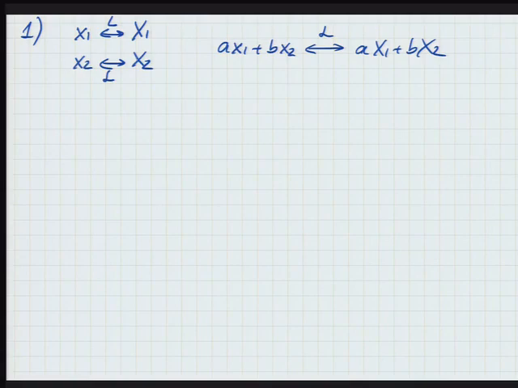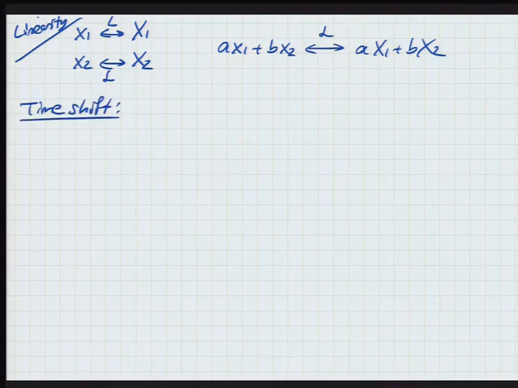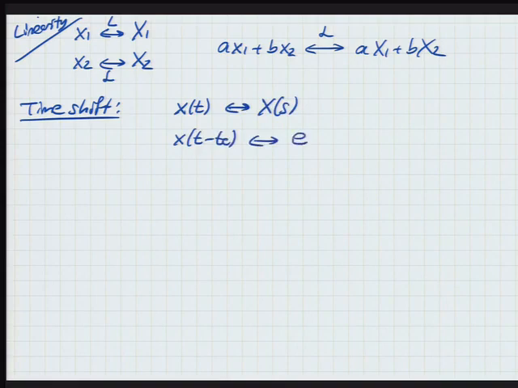So for example, one of the properties is the time shift property. Linearity. Time shift. Easy to prove, so easy that I'm not going to do it. If I have x of t giving me X of s, then x of t minus t naught will give me e to the negative s t0 times X of s.